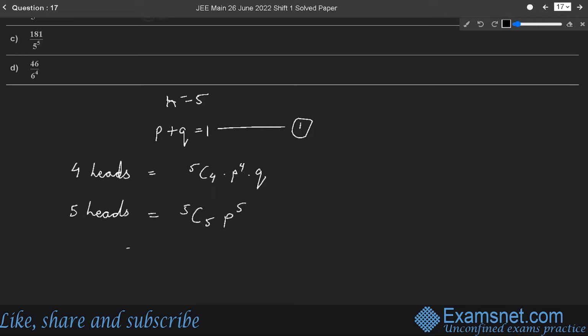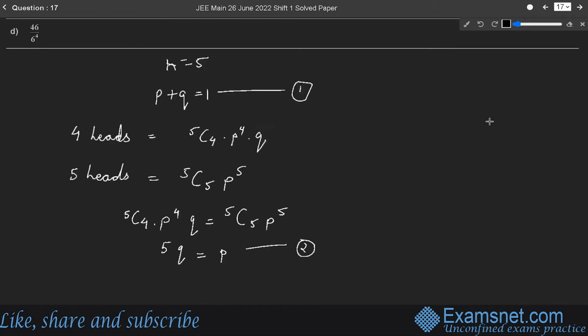It is given that 5C4 × P^4 × Q = 5C5 × P^5. Therefore, we can say that 5Q = P. Let this be equation number 2.